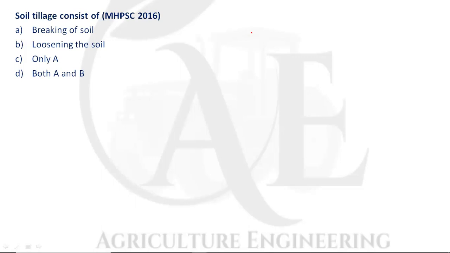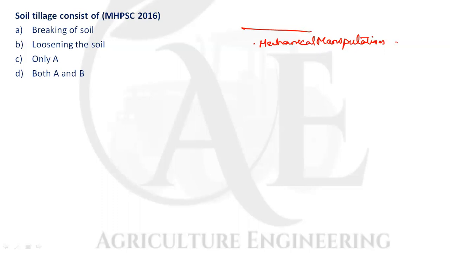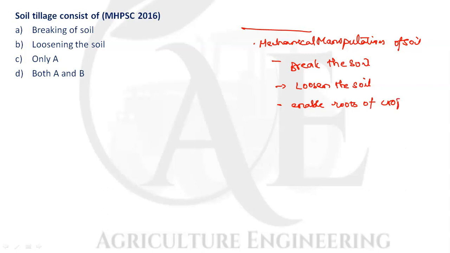Soil tillage consists of, actually what is the purpose of soil tillage? It is the mechanical manipulation of the soil. It can break the soil as well as loosen the soil, and it enables the roots of the crop to penetrate into the soil.